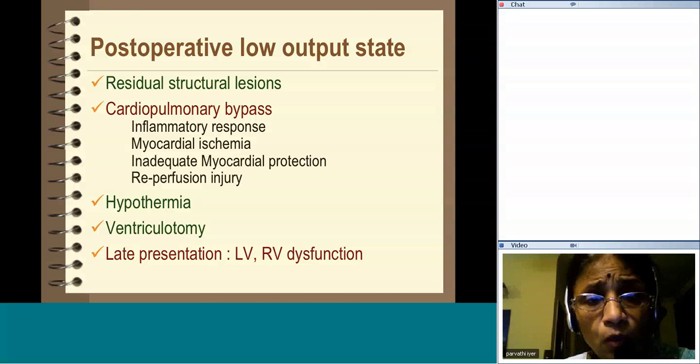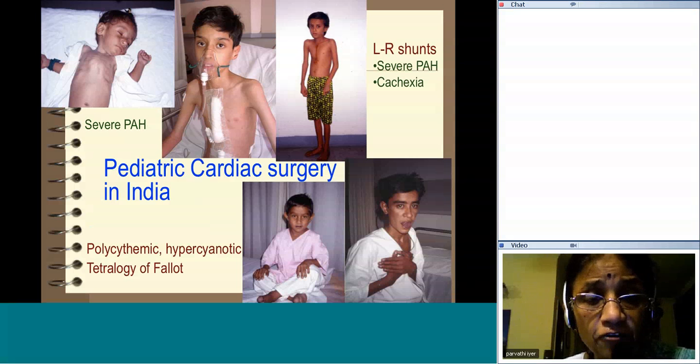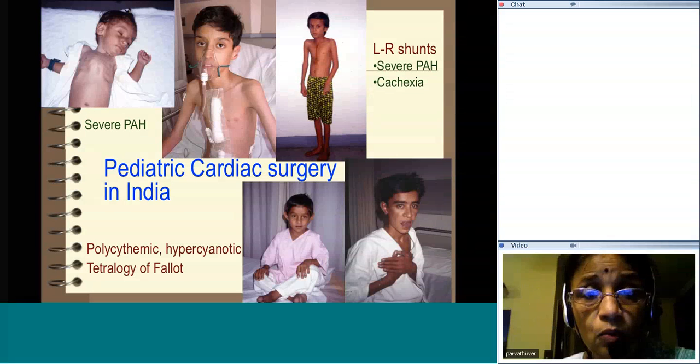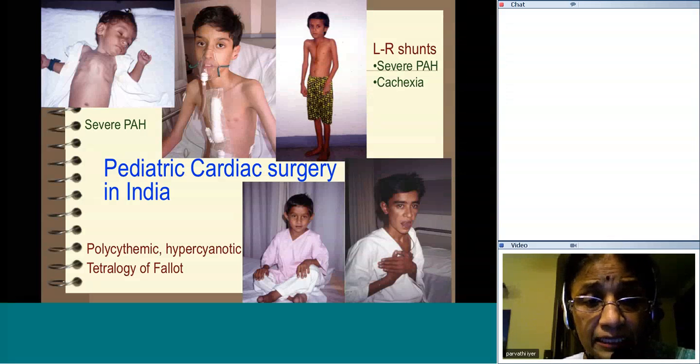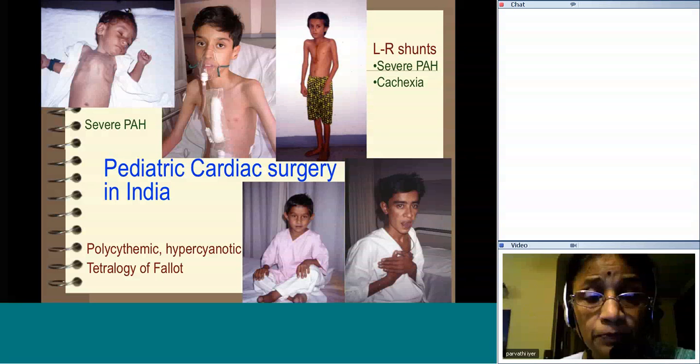Now, we all know that this is the kind of profile of patients who undergo pediatric cardiac surgery in our country. Older children with large left to right shunts, who have pulmonary hypertension, who have some degree of left ventricular dysfunction at presentation, polycythemic and hypercyanotic tetralogy of Fallot, who have hypertrophied right ventricles, and some of them, by the degree of cyanosis, also have an element of pre-existing left ventricular dysfunction.